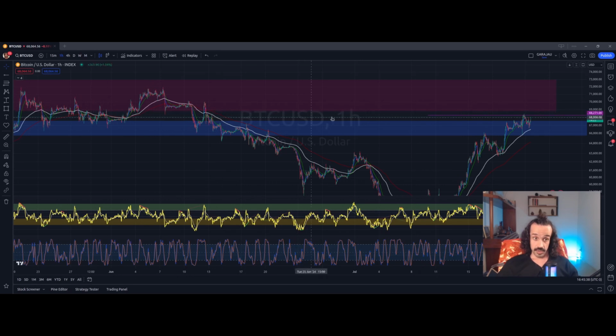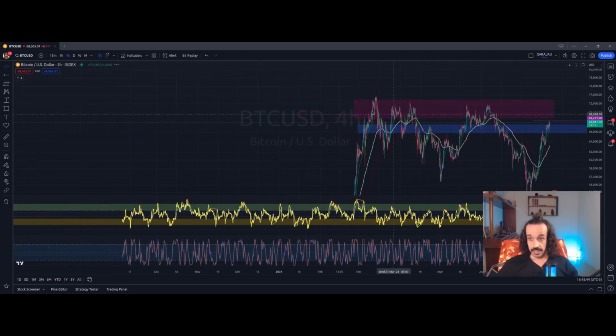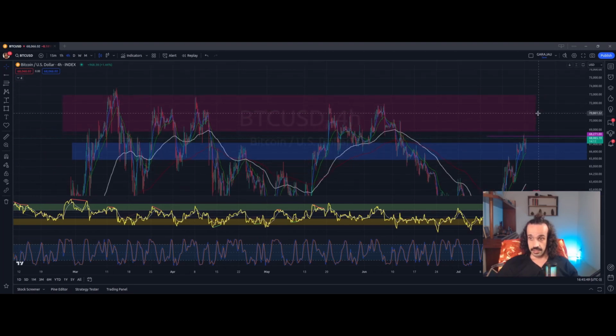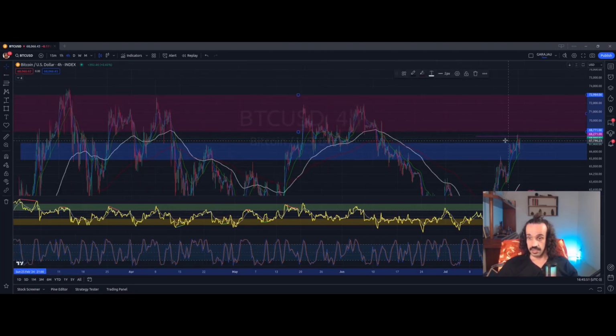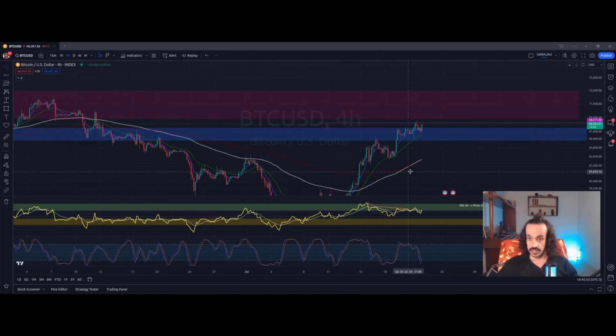If that happens though, we're still going to have this huge block of resistance to be taken, which I think the price action will attempt to take if this happens. So it starts here. And we have this cross of the 100 above the 200 on the 4 hourly, which is good.